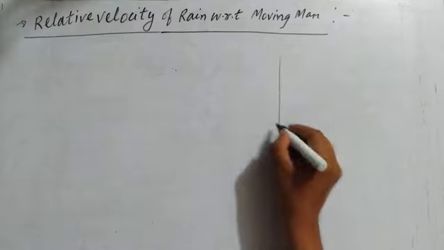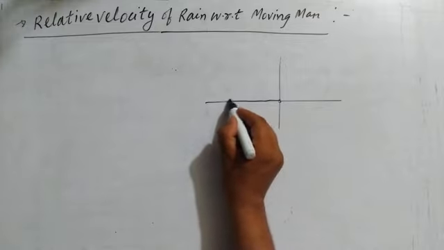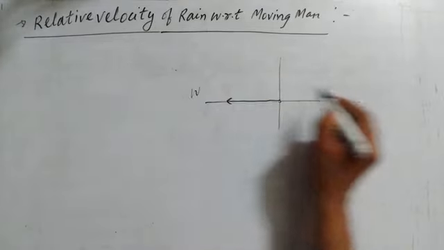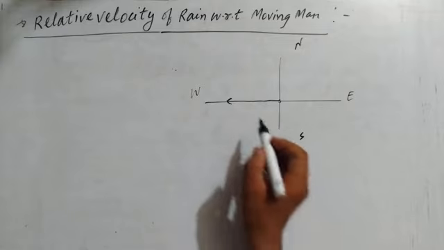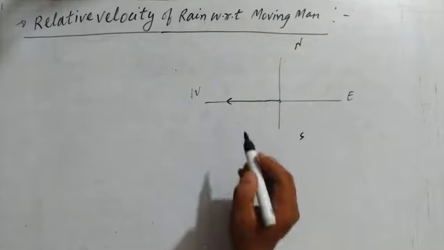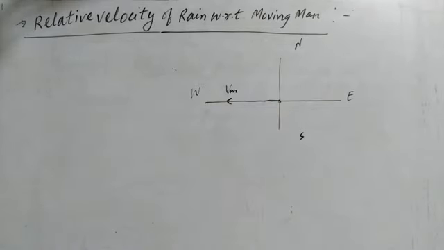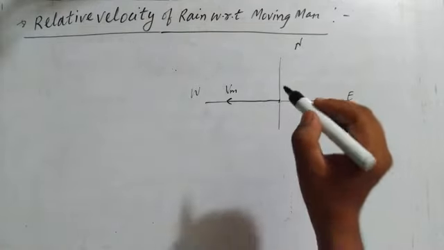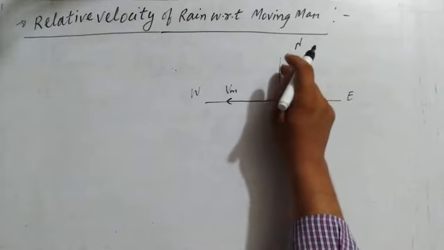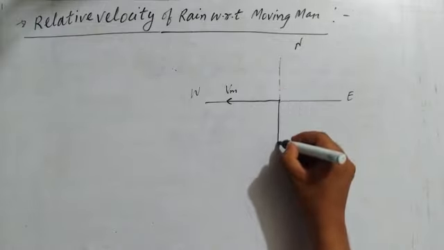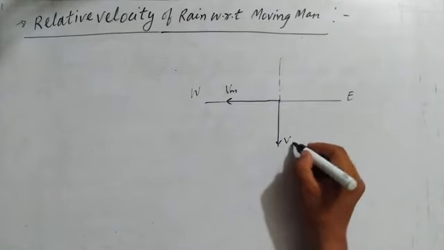If a person is moving along the west direction, if this is west, east, north and south, if a person is moving along the west direction with a velocity Vm and the raindrops are falling vertically downward with a velocity Vr, we have shown the downward direction and this is Vr.